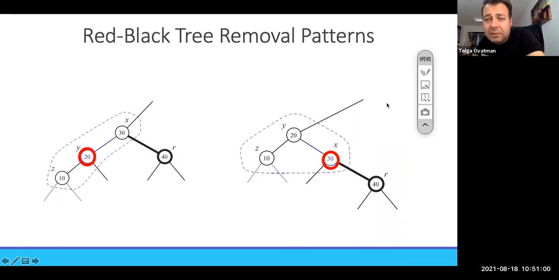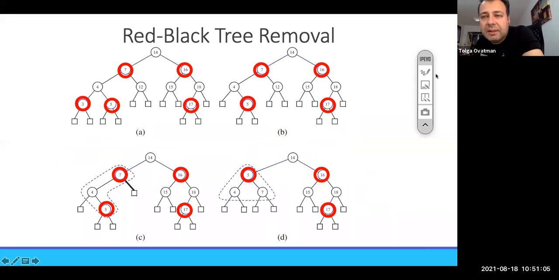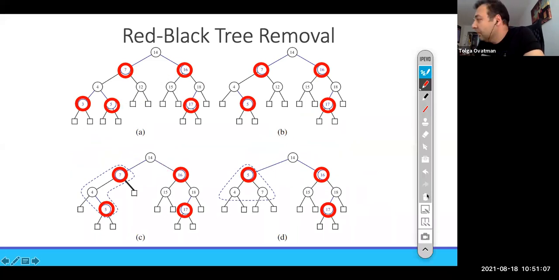So let's see some examples. Let's have a look at this one. Now this one has many nodes, and what I remove from here is 3. When I remove the 3, there's no problem, because I'm removing a red node.